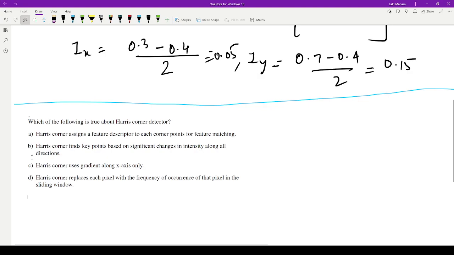Does anyone remember? So first I'll read out the question. The first option is Harris corner assigns a feature descriptor to each corner point for feature matching. Do you think it is right?